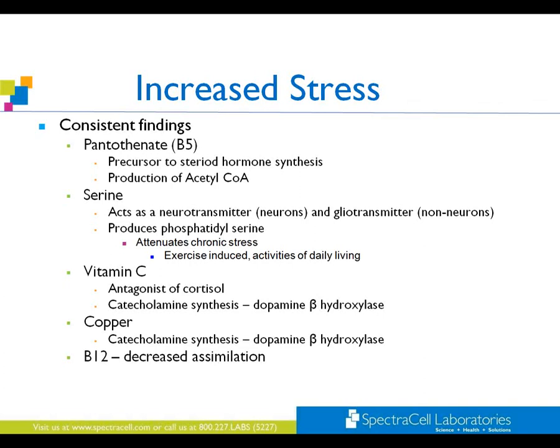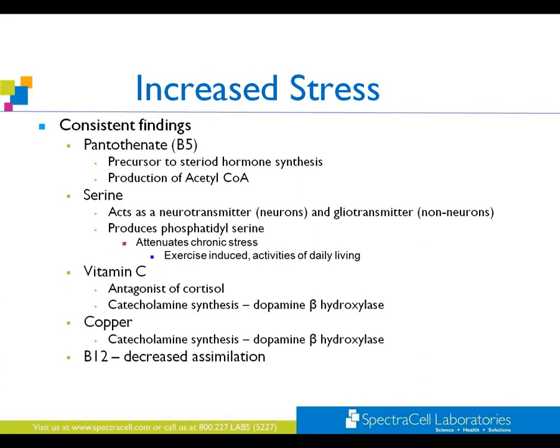I'll diagram this in a minute, but whether this chronic stress response is coming from something that seems innocuous like repetitive exercise, or from an individual's activities of daily living, the various stressors imposed on them day to day, serine is going to be used in the production of phosphatidylserine to try to help offset some of that.